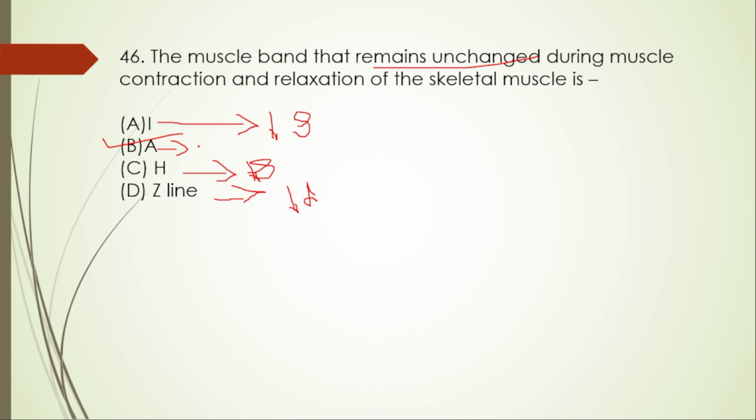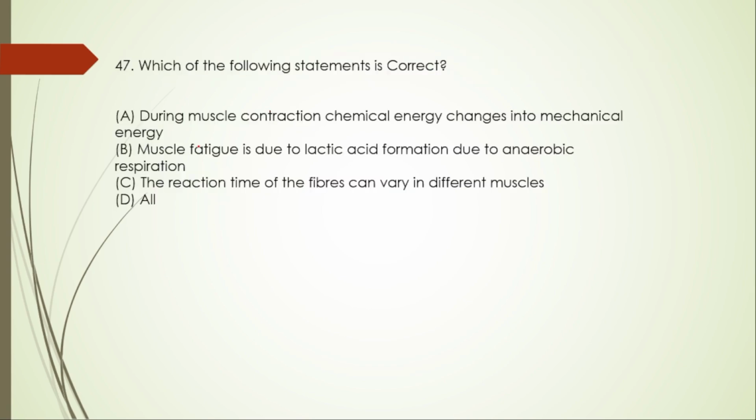So the next question, that is question number 47. Which of the following statements is correct? During muscle contraction, chemical energy changes into mechanical energy. Right, of course. The chemical energy stored in the form of ATP is converted into mechanical work, that is movement.